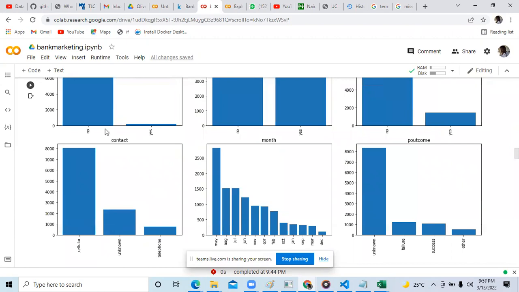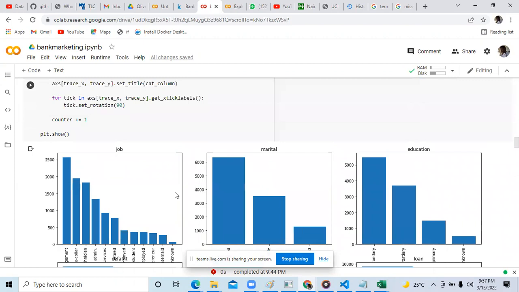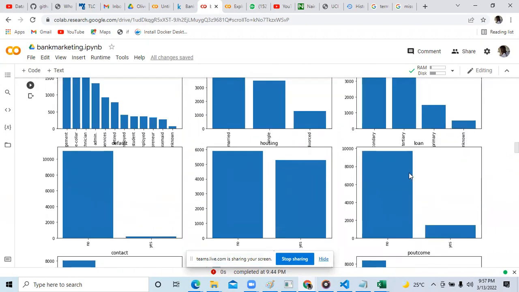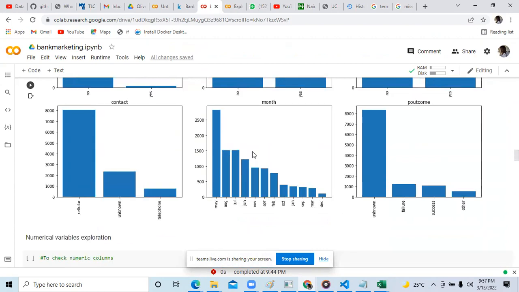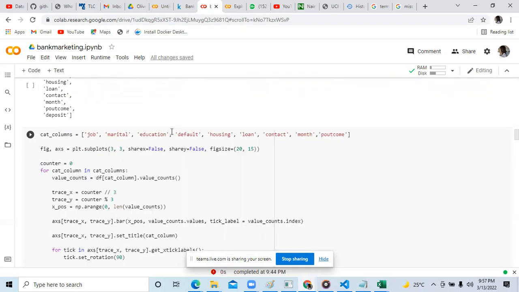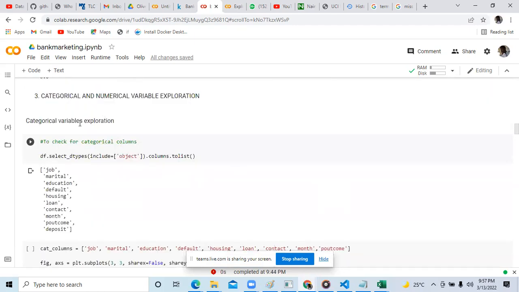We don't have outliers in these categorical features. There are no significant outliers. Maybe this is too much, but it's not too far. So we've explored categorical features to see that there are no serious outliers in categorical variables.